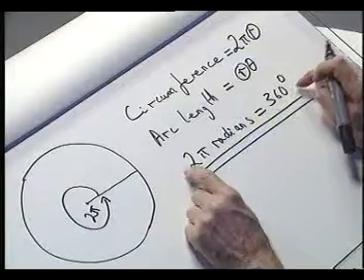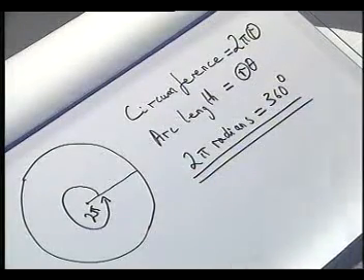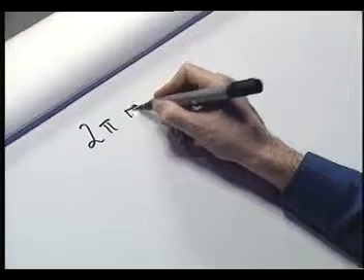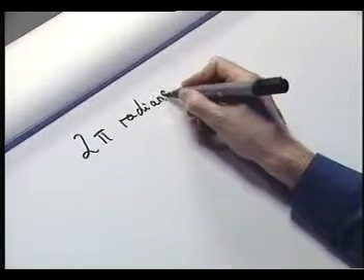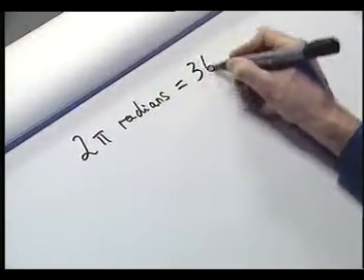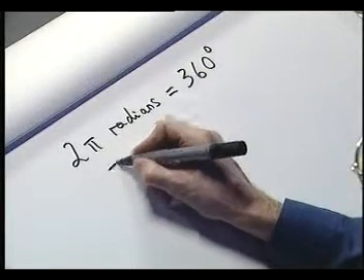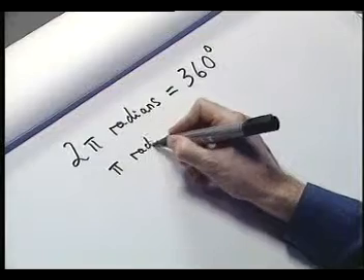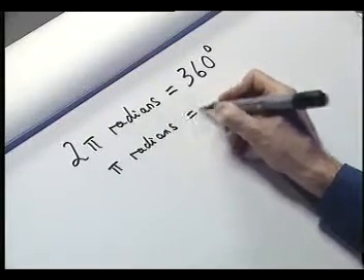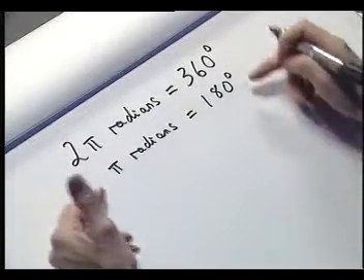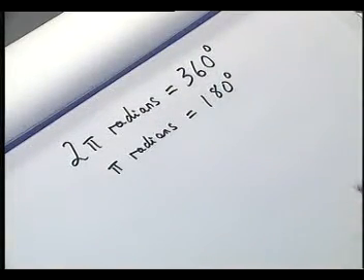Now this equivalence enables us to write down a whole series of equalities between angles. So we've got 2 pi radians is the same as 360 degrees. So pi radians is the same as 180 degrees, just dividing both sides by 2.